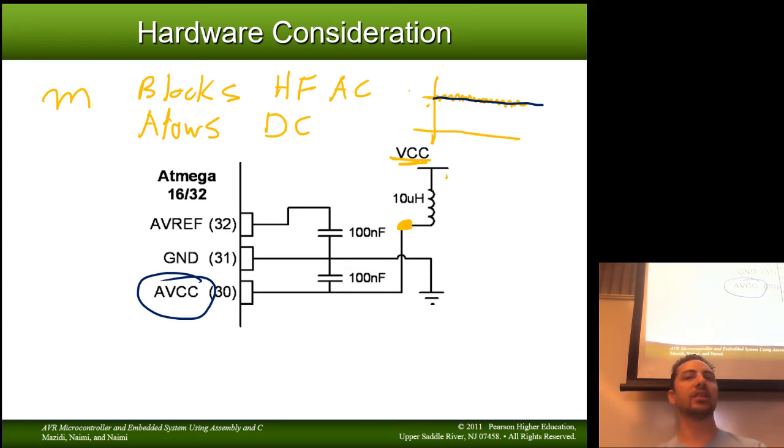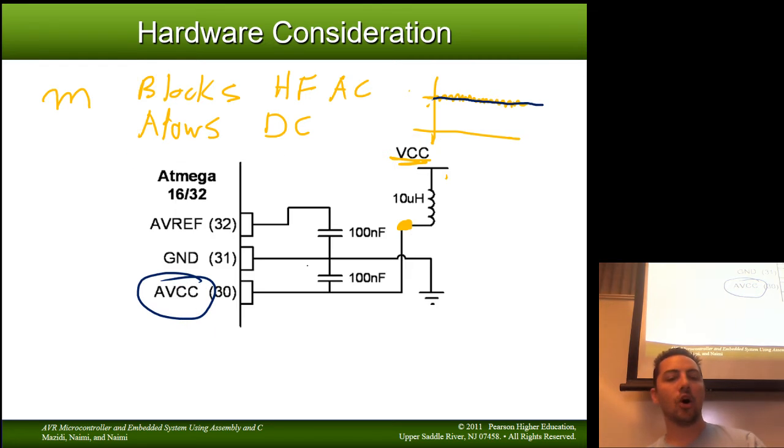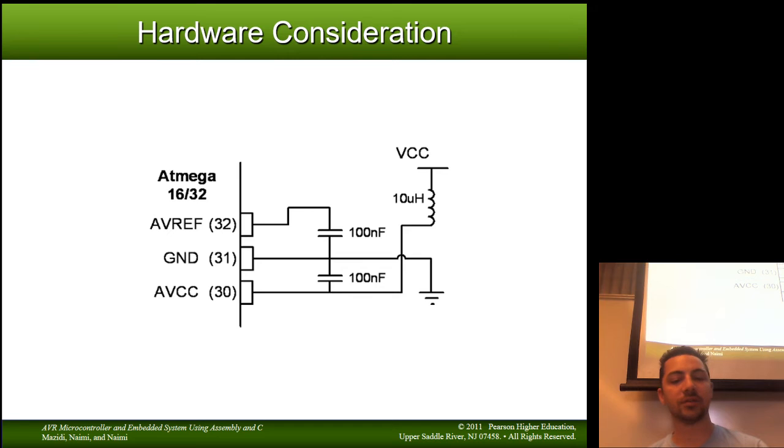I need to power the analog circuitry. Also, I will put capacitors to ground to further smooth out the signal. Capacitors are also smoothing circuits. This is not just a polite suggestion.